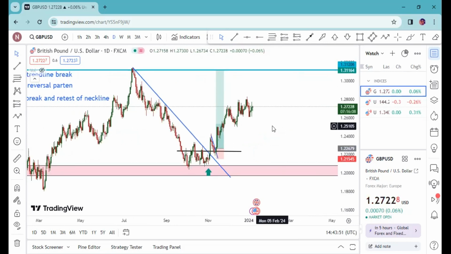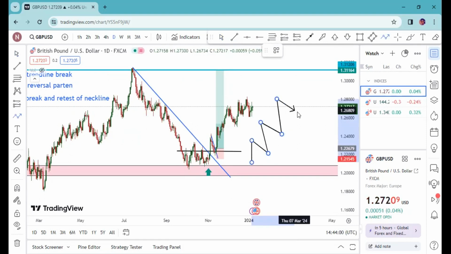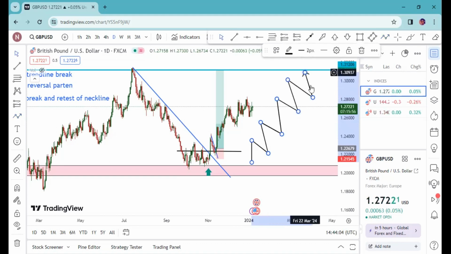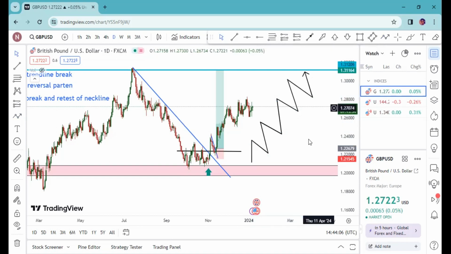Now, I also taught you how the market moves: higher high, higher low, higher high, higher low. I think I taught you guys how the market moves, something like this. It cannot just move in a straight line from this point to this point. No, the market doesn't move that way.